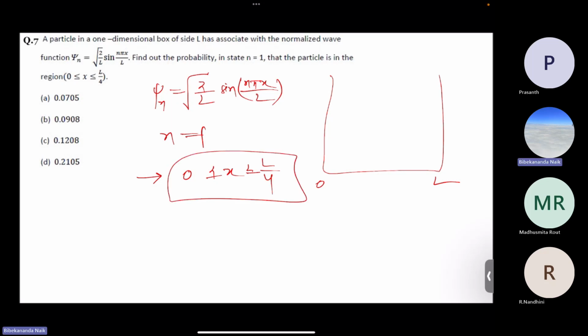The options are option A 0.0705, option B 0.0908, option C 0.1208, or option D 0.2105. I will give you a few minutes to try this question. Then after some time we will solve it.